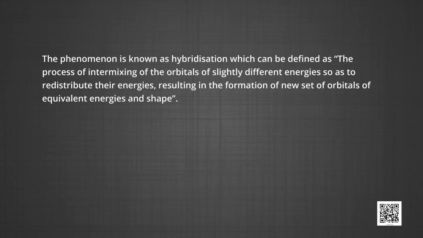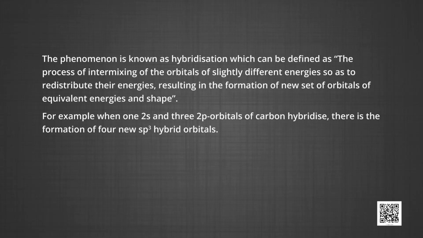The phenomenon is known as hybridization, which can be defined as the process of intermixing of the orbitals of slightly different energies so as to redistribute the energies, resulting in the formation of a new set of orbitals of equivalent energy and shape. For example, when one 2s and three 2p orbitals of carbon hybridize, there is the formation of four new sp3 hybrid orbitals.